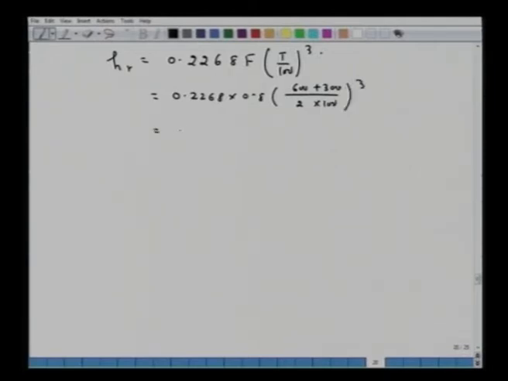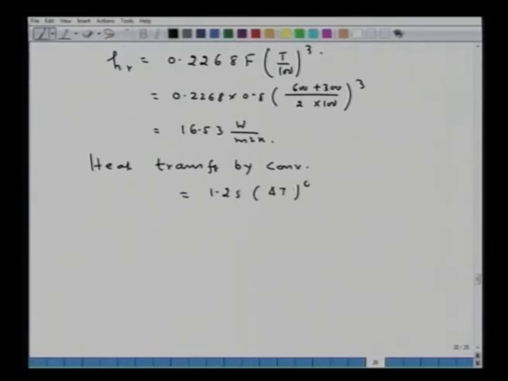So, the heat transfer coefficient by radiation is 16.53 watt per meter square Kelvin, whereas the heat transfer by convection is equal to 1.25 into delta T to the power 0.25. The formula I already determined. So, we substitute the values and will get 5.2 watt per meter square Kelvin.